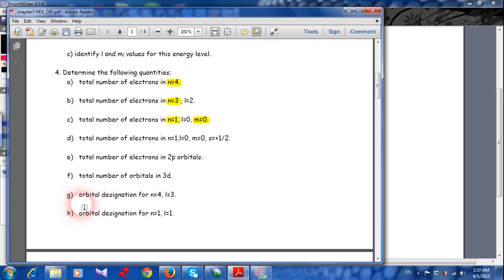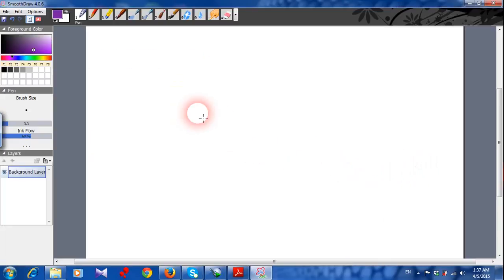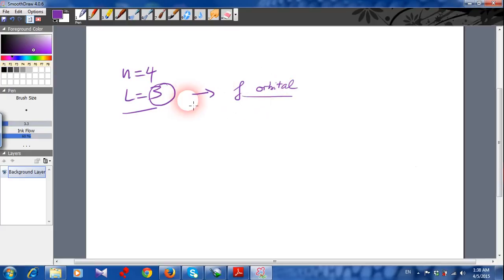Question G. Orbital designation for n is 4, l is equal to 3. This l is 3, so that means we talk about f orbital, and this is 4, so we talk about 4f orbital.